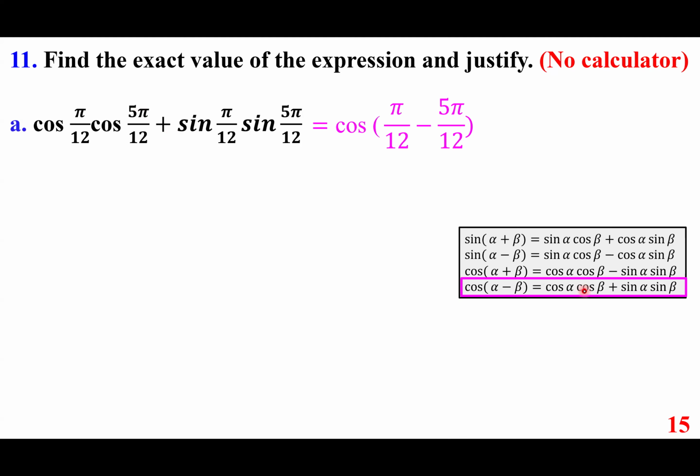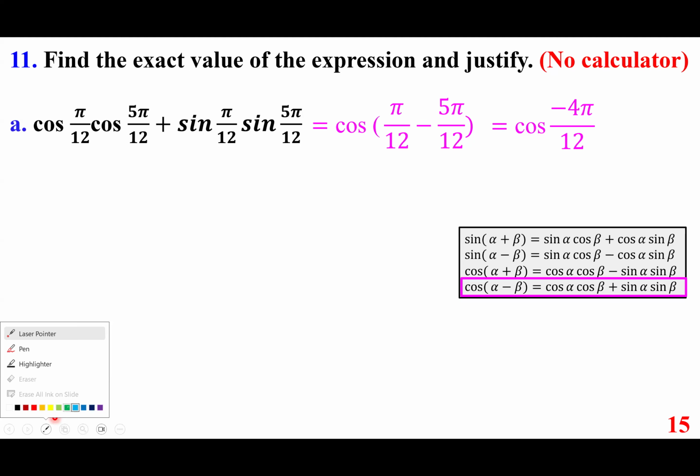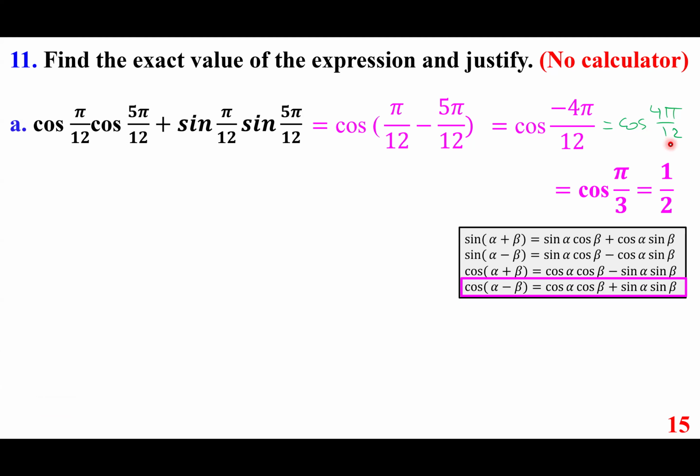Pi over 12 minus 5 pi over 12 is negative 4 pi over 12. As you know, cosine is an even function, so cosine of negative theta is the same as cosine of positive theta. So cosine of 4 pi over 12 is cosine of pi over 3, which is 1/2.